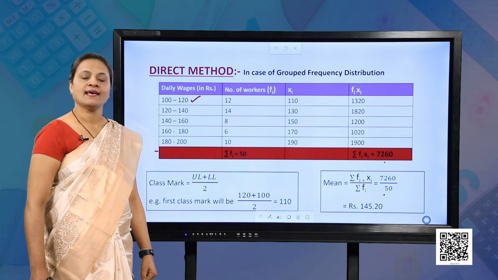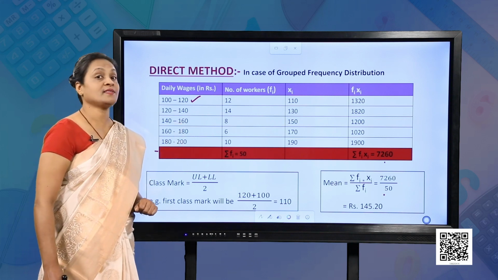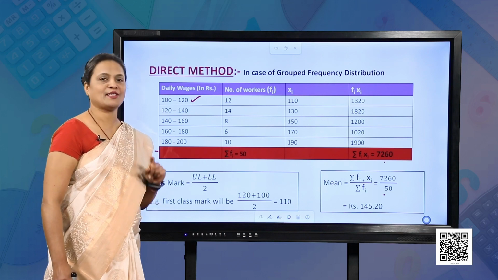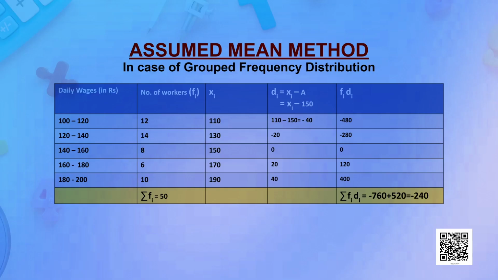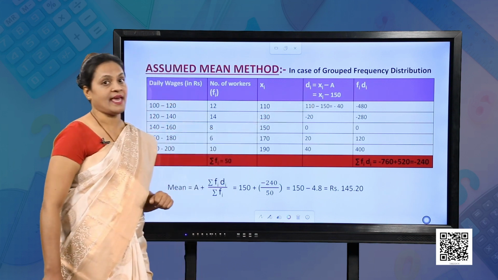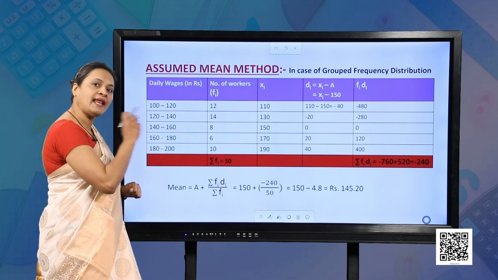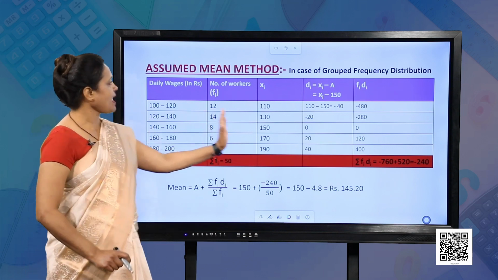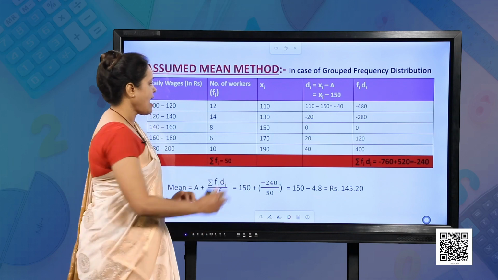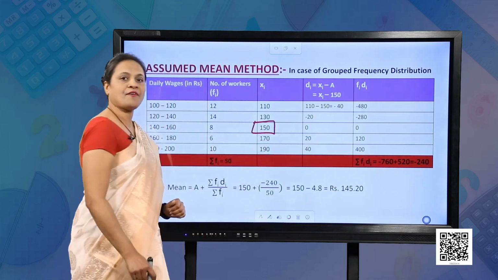Now, let us learn the second method for this type of distribution. What was the name of our second method? Assumed mean method. So, in this method, as we did previously, we are going to calculate Di. But for Di, we need the assumed mean. What is assumed mean? Assumed mean is the middle Xi. So, the same way we have calculated Xi, and the middle value is 150.